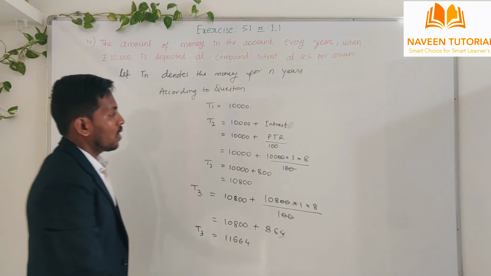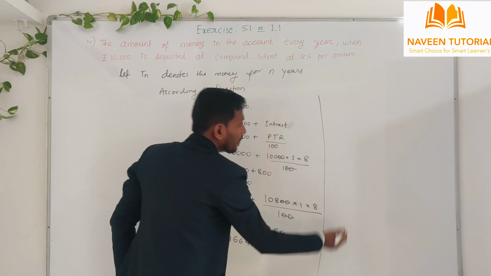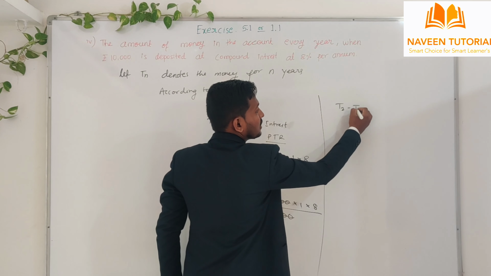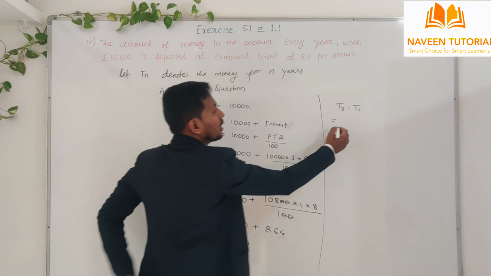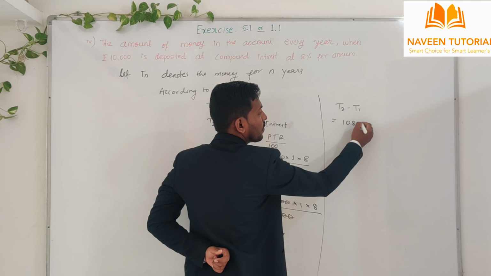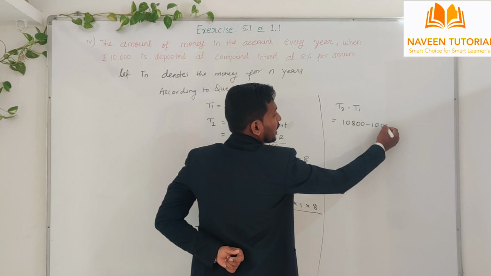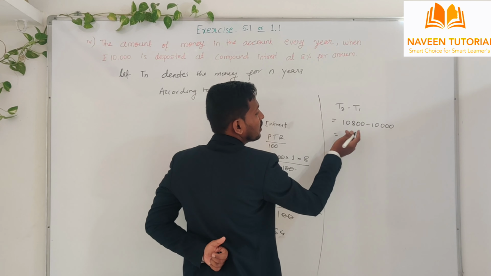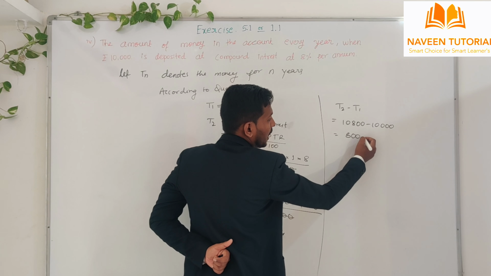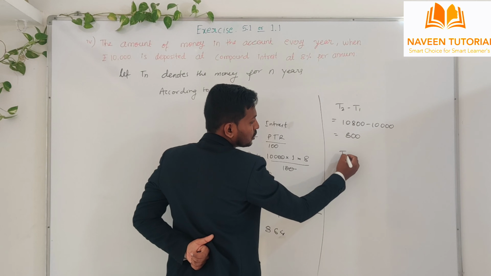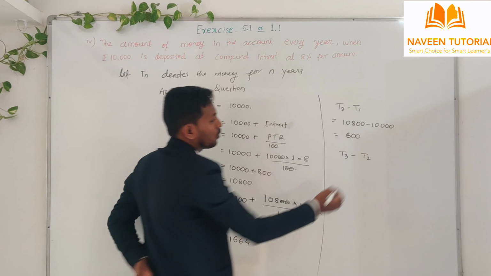Okay, here we obtain third year amount will be 11,664. So now we have to take T2 minus T1. That is T2 minus T1, T2 value is 10,800 minus 10,000. So here we obtain that difference is only 800. Now to check T3 minus T2.